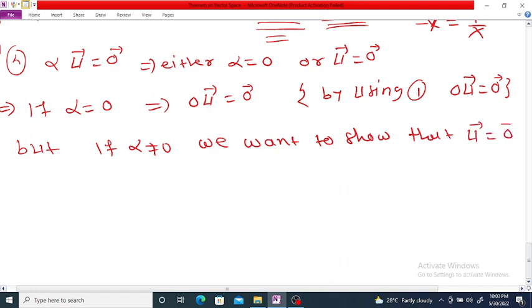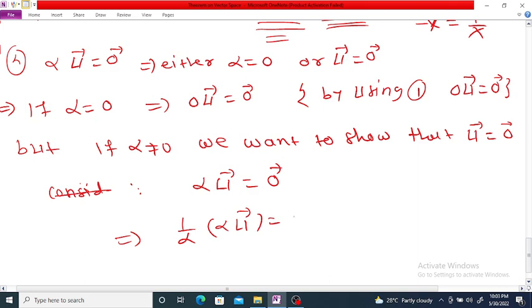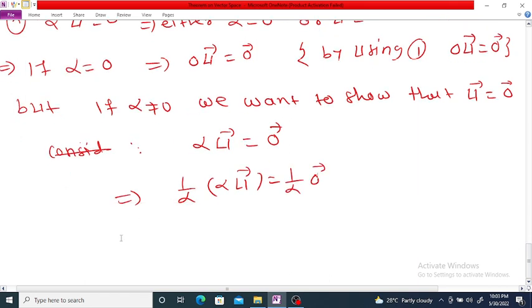Now, since given alpha into u bar is equal to 0 bar, multiply both sides by 1 by alpha: 1 by alpha of alpha u bar is equal to 1 by alpha into 0 bar. But what is 1 by alpha into 0 bar? By using the second property, alpha into 0 bar is equal to 0 bar, so it is 0 bar.